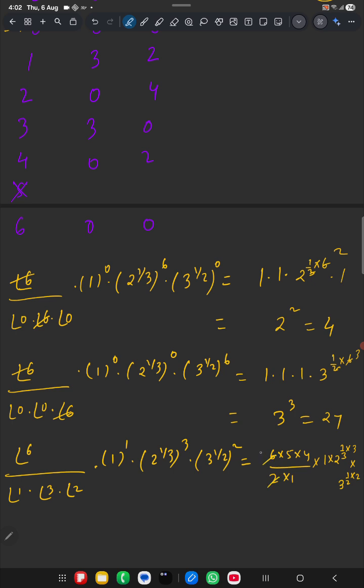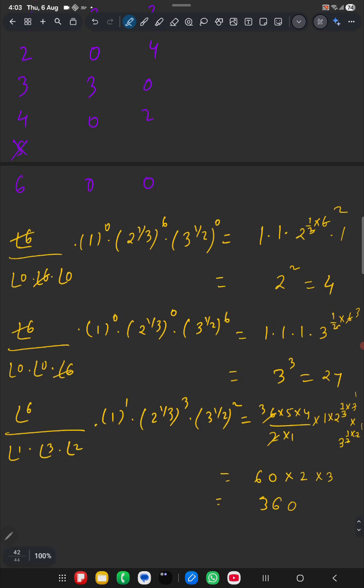So this way you are getting 60 into 2 into 3, which is 360. Now this is over. Now come to the next.